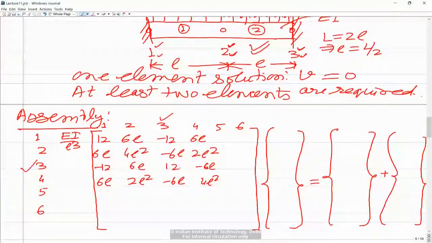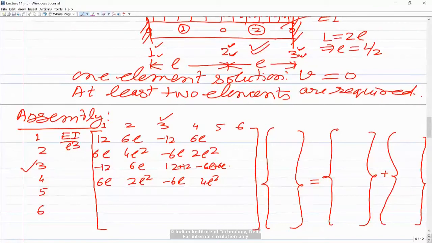So it would be going over here. So we will add here. So this will become plus 12, and then here we will have plus 6L, and then again here we have minus 12, and then we have 6L. I'm sorry, I wrote it at a wrong place.